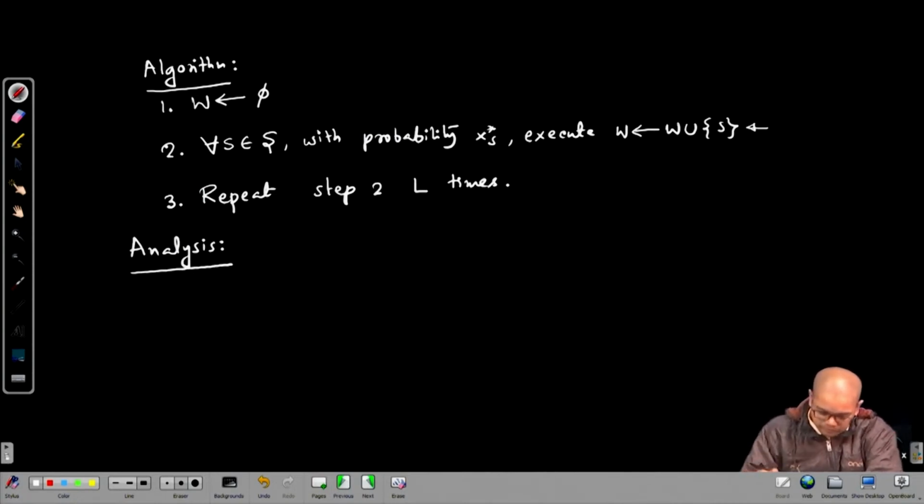First is, what is the probability that an element is covered by executing step 2 once? So here is the claim.